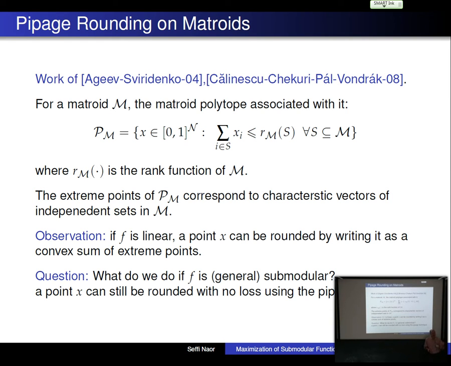Meaning we can round the fractional solution without losing anything in the objective function. And this is actually true for both monotone and non-monotone functions.